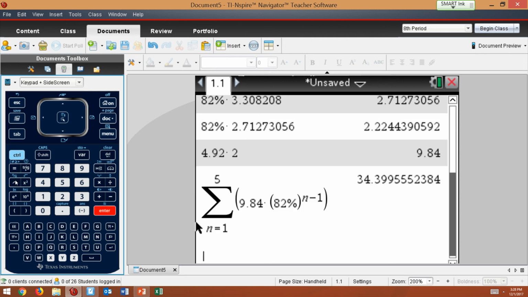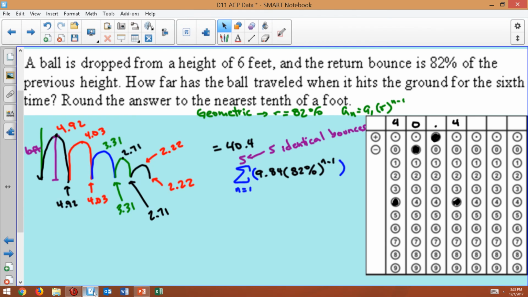When I press enter, it gives me 34.4. So 34.4 is what the calculator says this equals. And I should do those squiggly lines there saying it's approximately 34.4.